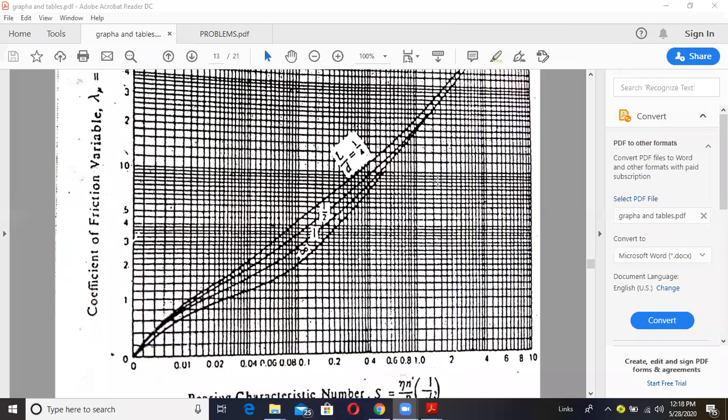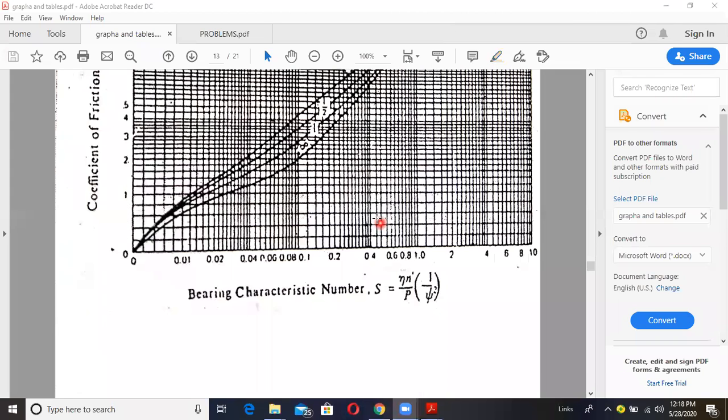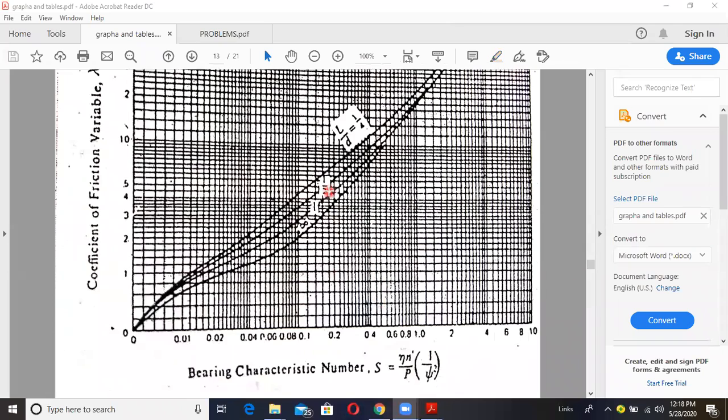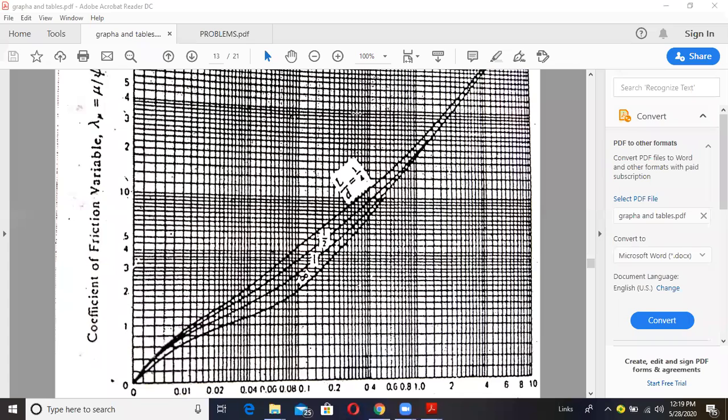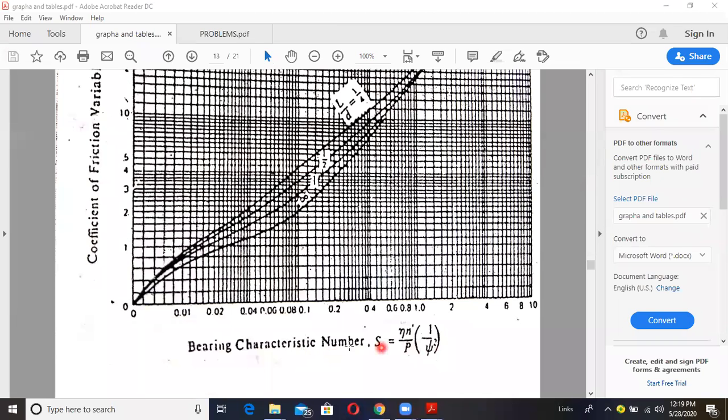If you see this figure, this is to calculate the coefficient of friction mu based upon the Raymond and Boyd curve. In the x-axis we have the bearing characteristic number S is equal to eta n dash by P into 1 divided by xi square.